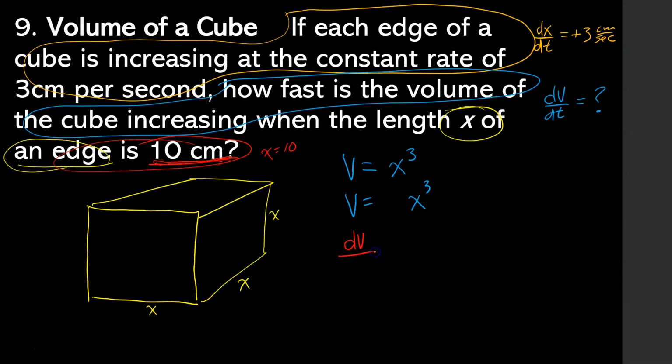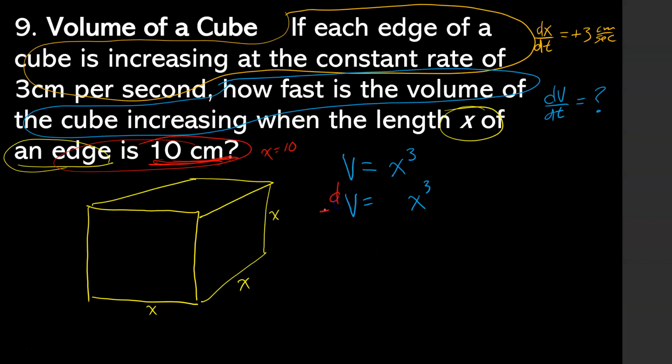So everybody knows that's watching this probably, dv over dx is 3x squared. Everybody but me. That's not the derivative we're looking for. That's the derivative of the volume with respect to the side length x. That's not what we're looking for. We're looking for change with respect to time. So we're not going to do that.